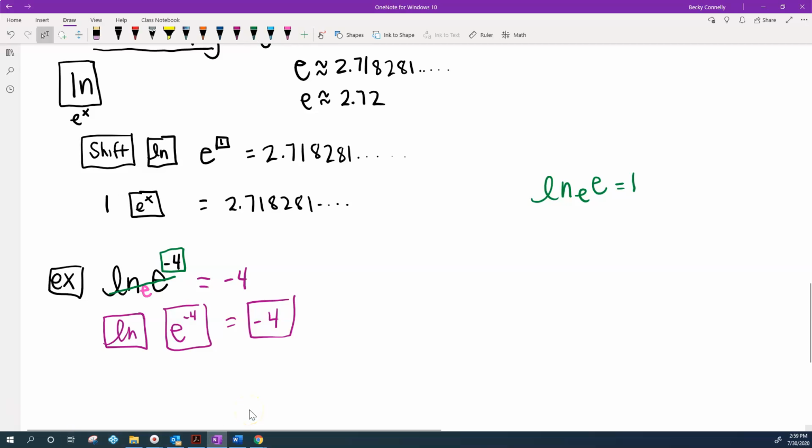Okay, let's try a couple more here and see what you think. So what about this next one? What if I asked you to find e raised to the natural log of 7 power?